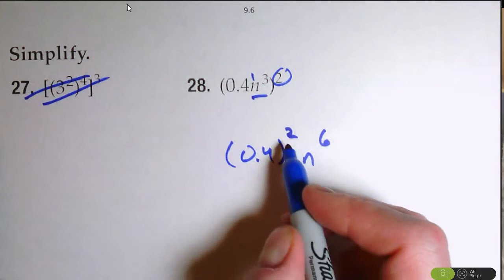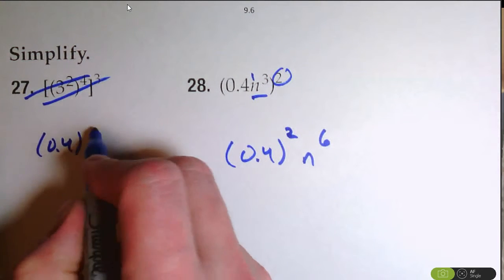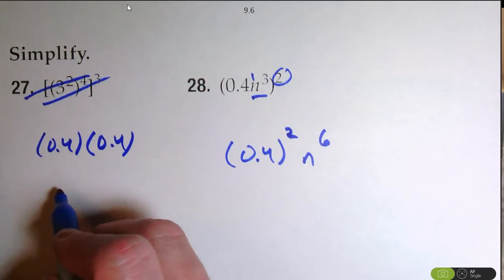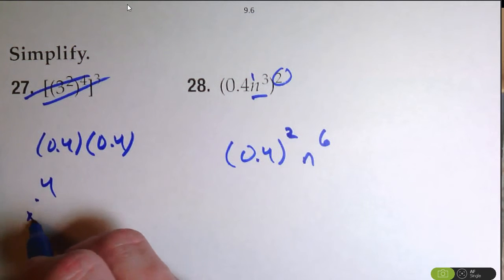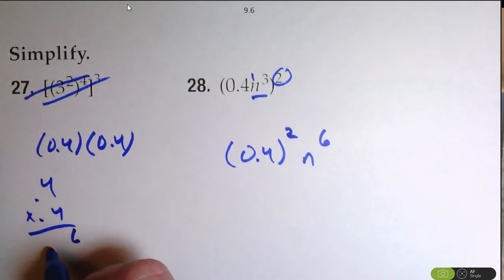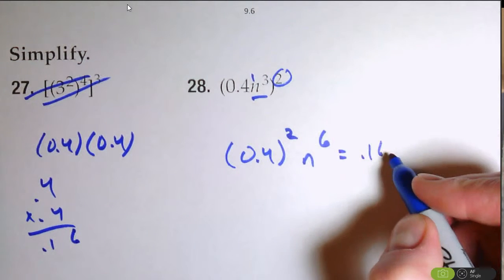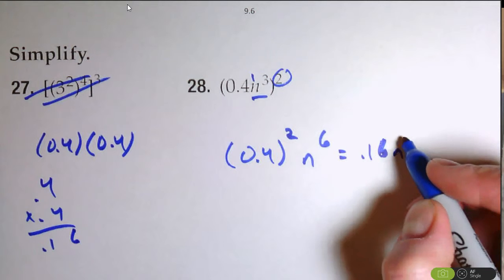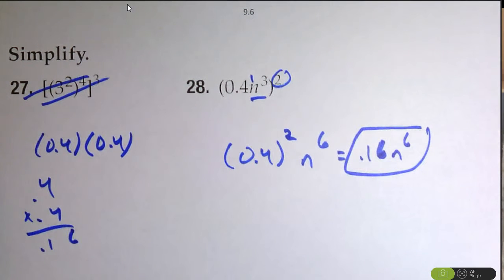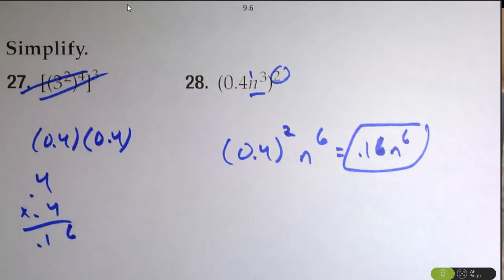So I needed to do 0.4 squared now, which is 0.4 times 0.4, 16, and then 2 decimal places, so 0.16. So 0.16 n to the 6th. Number 28. Okay. All right, then 30.